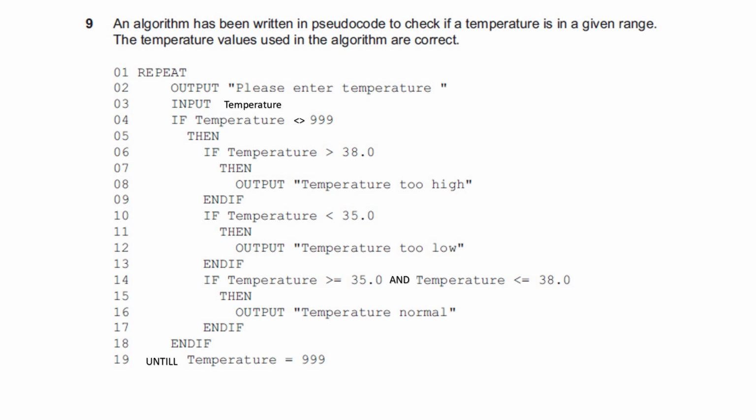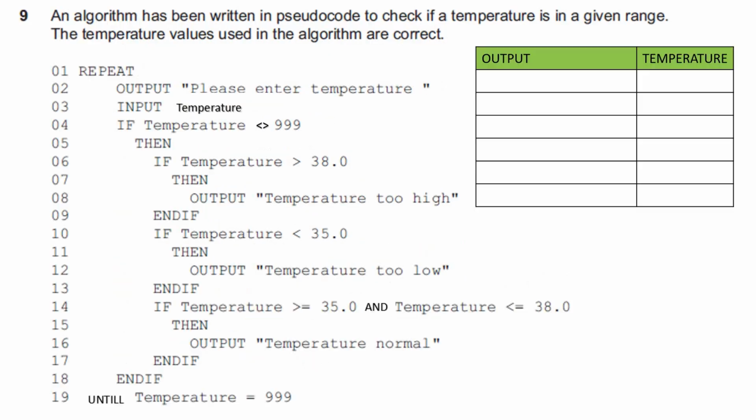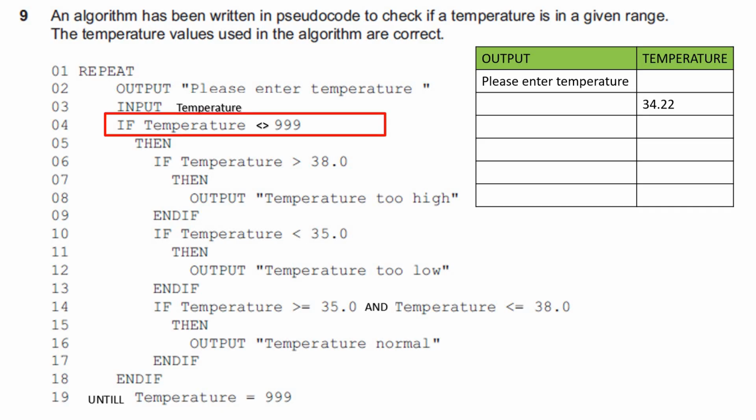An algorithm has been written in pseudocode to check if the temperature is in the given range. The temperature values used in the algorithm are correct. Suppose you run it: first line, please enter the temperature. The third line is input the temperature. You have input the temperature 34.22, and then it will check if the temperature is not equal to 999.